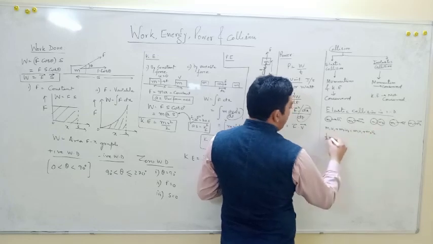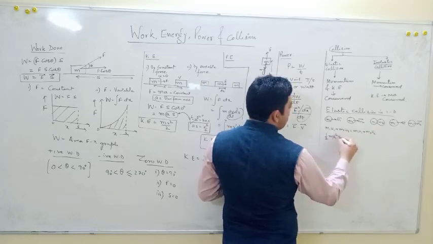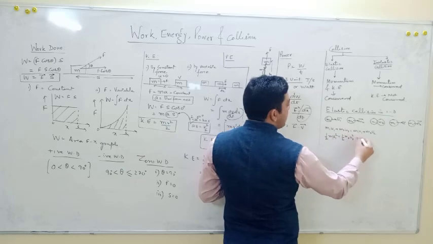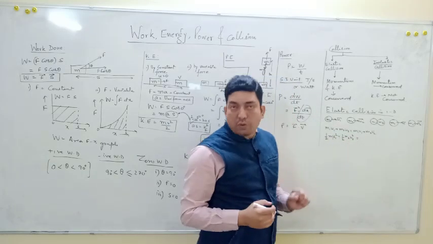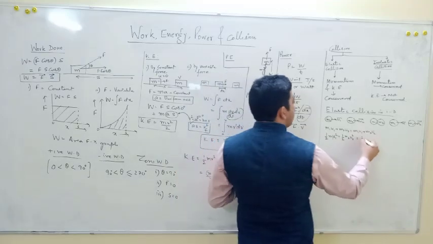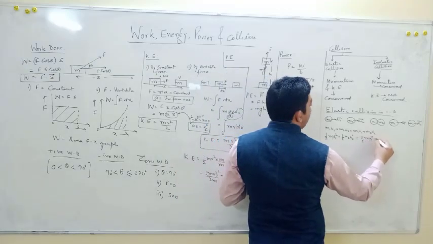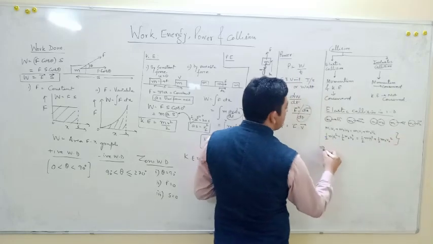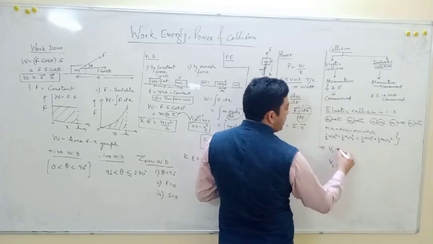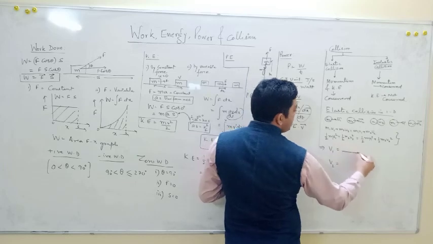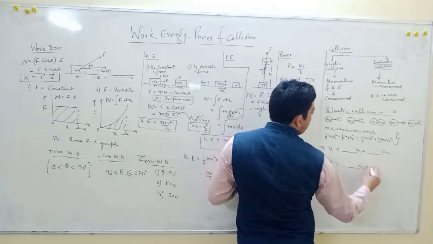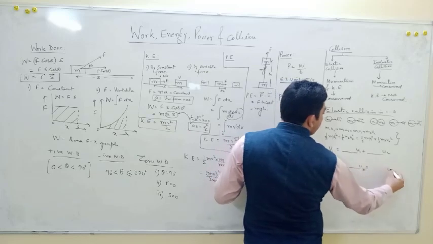You can also conserve the kinetic energy: half m1 u1 square plus half m2 u2 square, which is the kinetic energy before collision, will be equal to the kinetic energy after collision. And by solving these two equations, you can get the velocities of the bodies after collision, which you can easily remember as u1, u2.